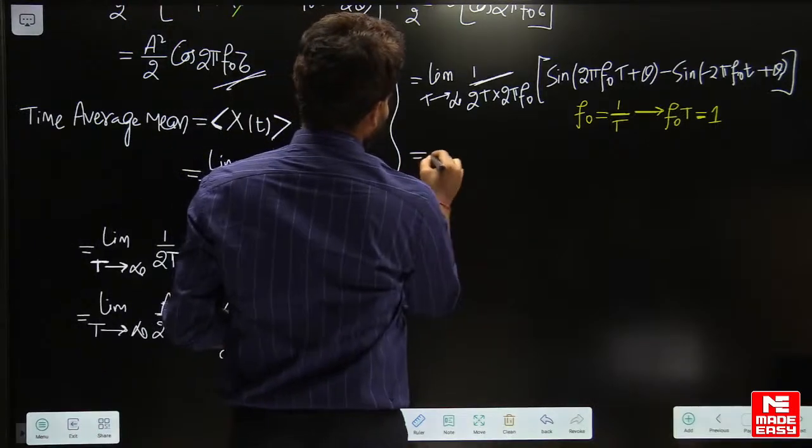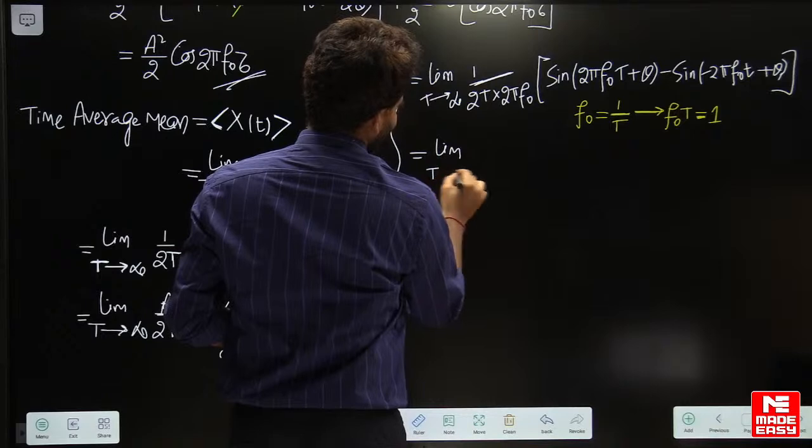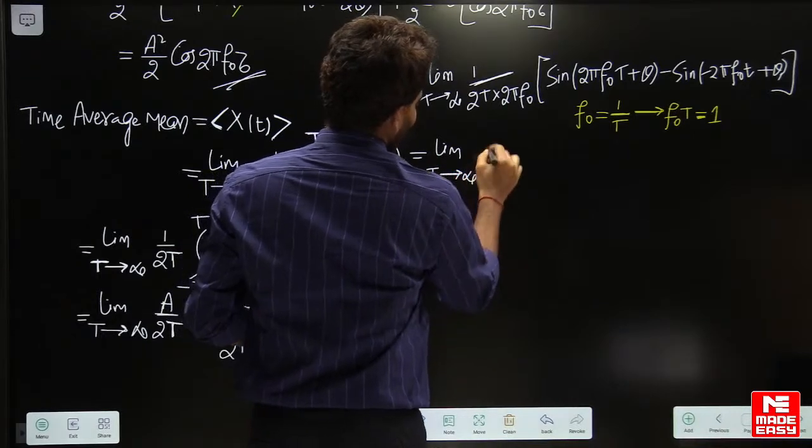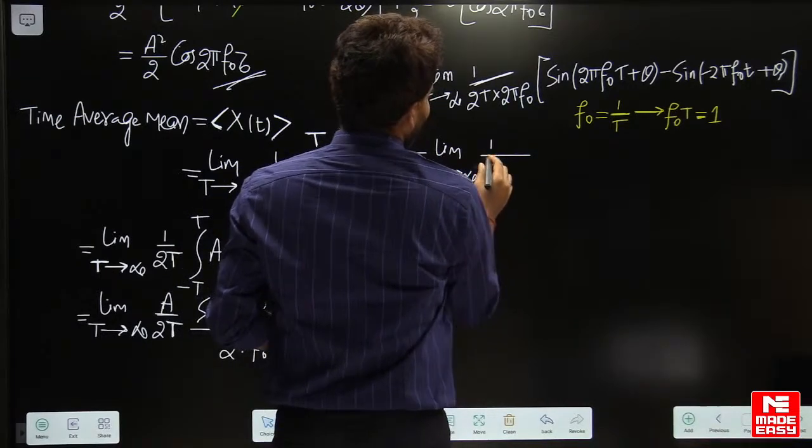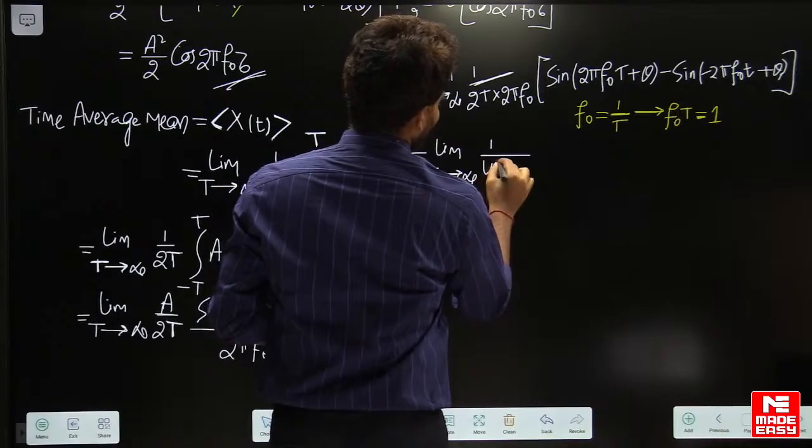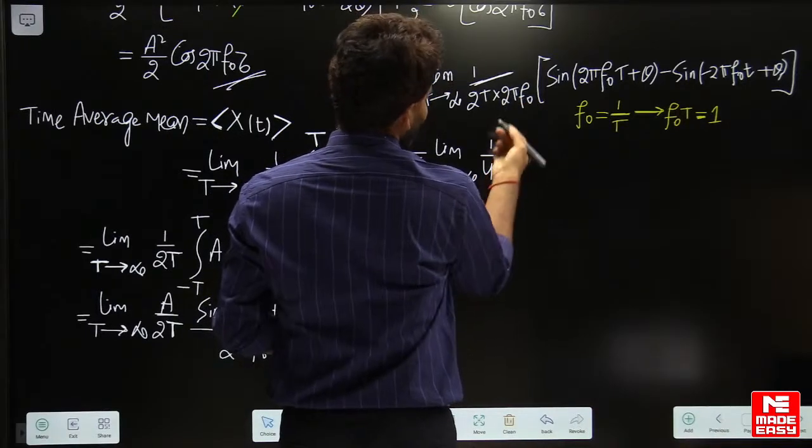Then, limit t tends to infinity, 4 pi f naught t will be 1.